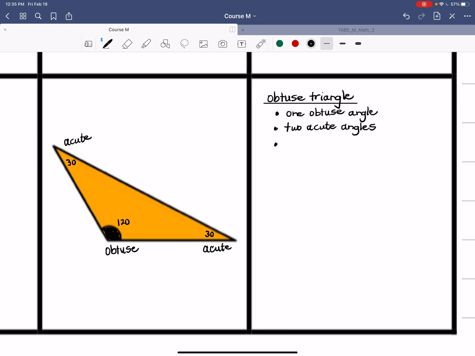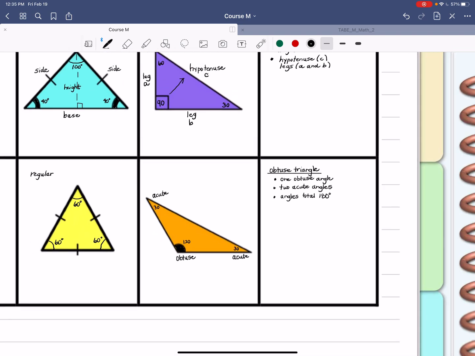But the angles total, how much? Got it, 180 degrees.